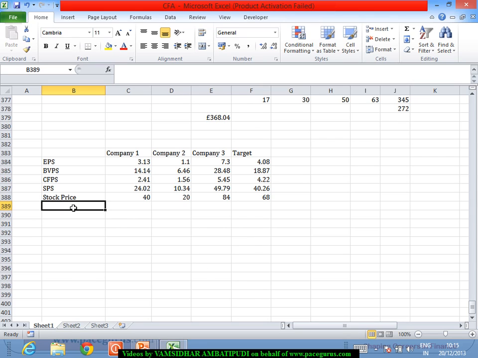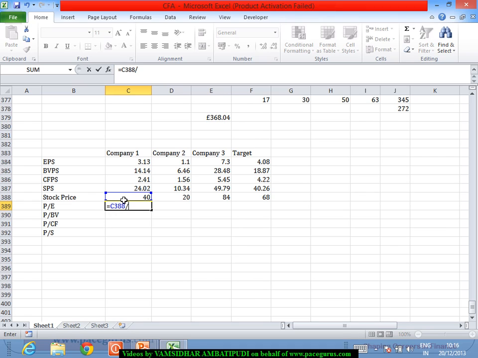Generally comparables means either P by E, P by BV, price to book value, price to cash flow and price to sales. For each of the comparables I will do that process. Price to earnings is this much. Price to book value is going to be this much.